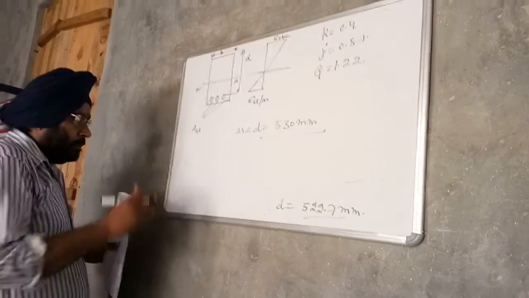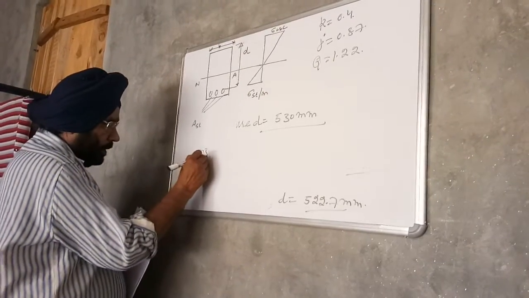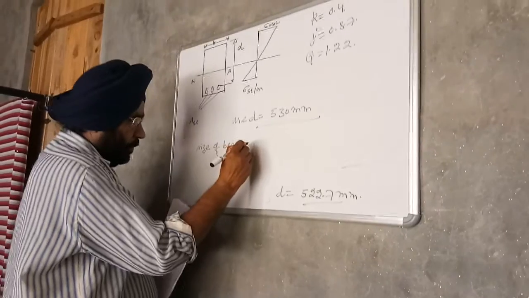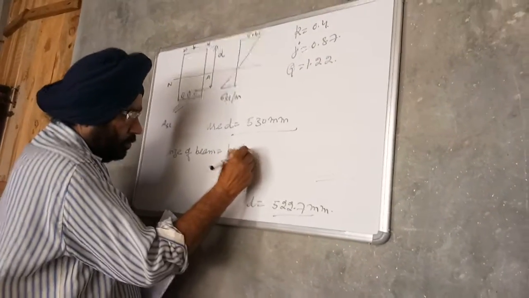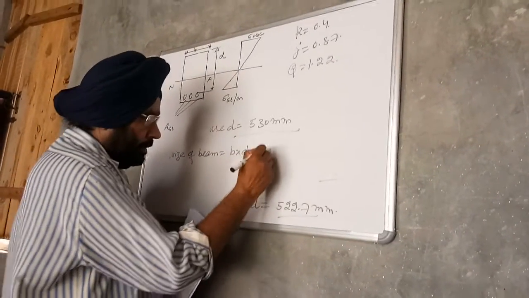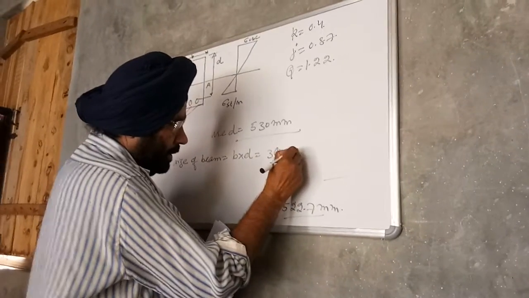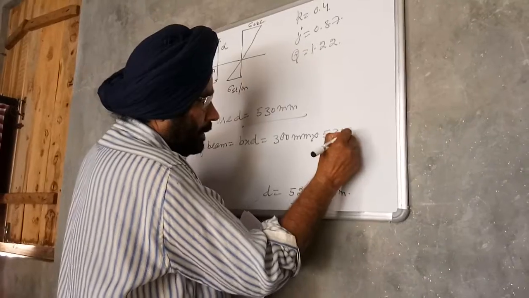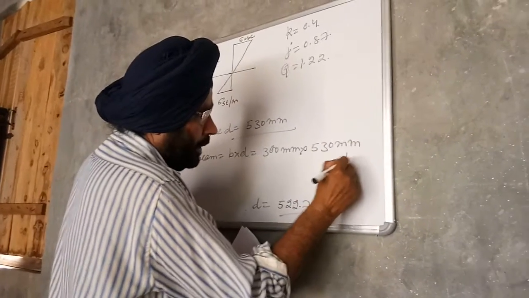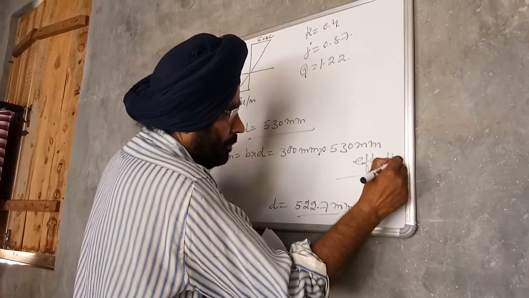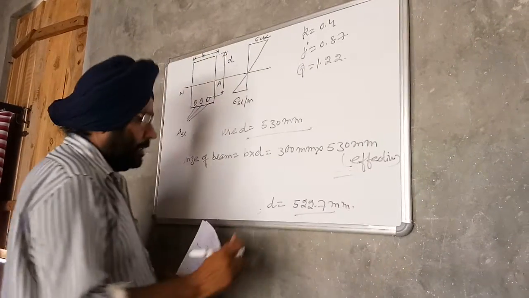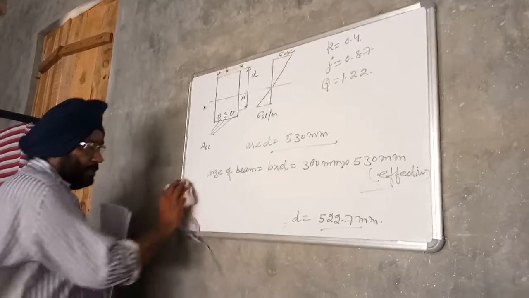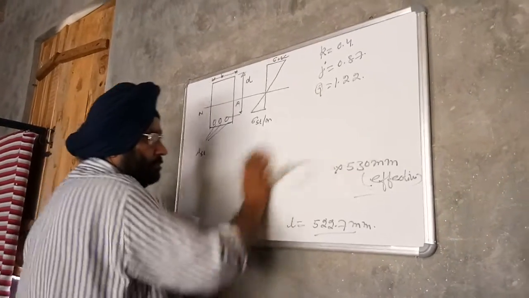Therefore the size of the beam is B into D. So width of the section is 300 millimeter into D, where D used is 530 mm. D means effective depth of the section. So then to calculate AST, the area of the steel.